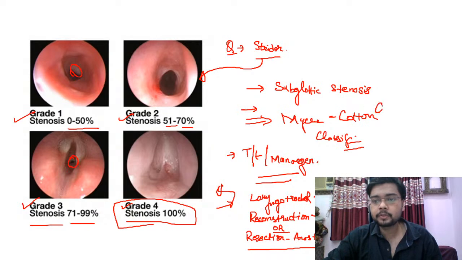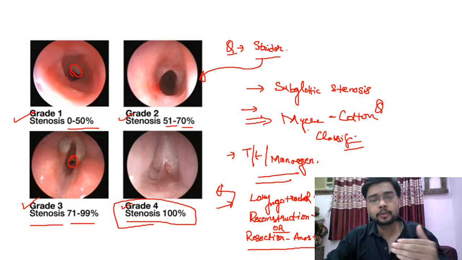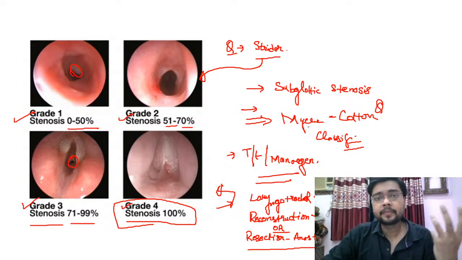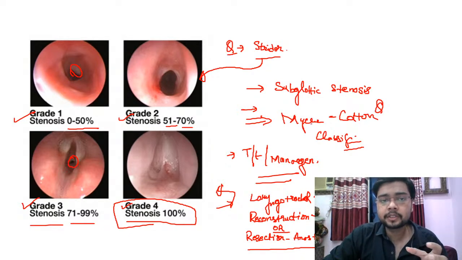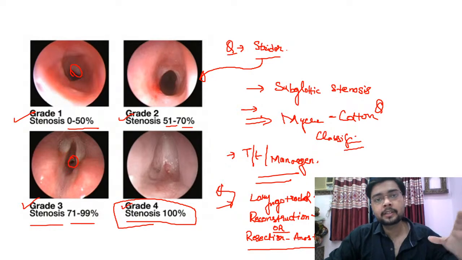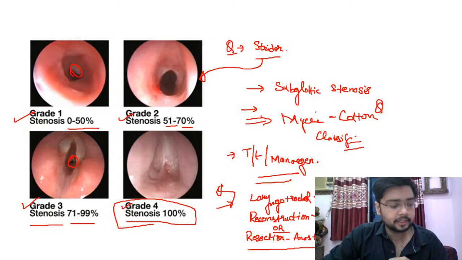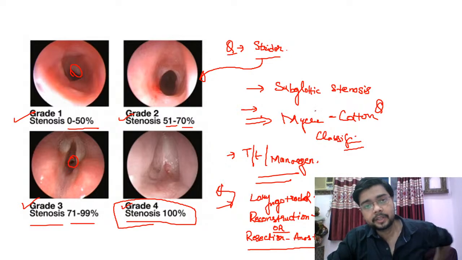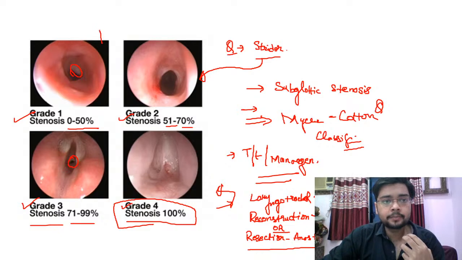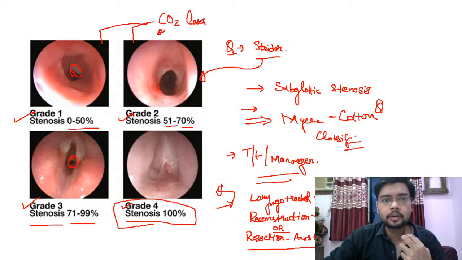So important for you is to remember this Myer-Cotton grading system, where grade 1, 2, 3, 4 depend on the area of stenosis, and you can have a question in your exam on the management. So for grade 1 and 2, asymptomatic, you can follow a conservative approach, or you can use some lasers, like CO2 laser or endoscopic dilatation.